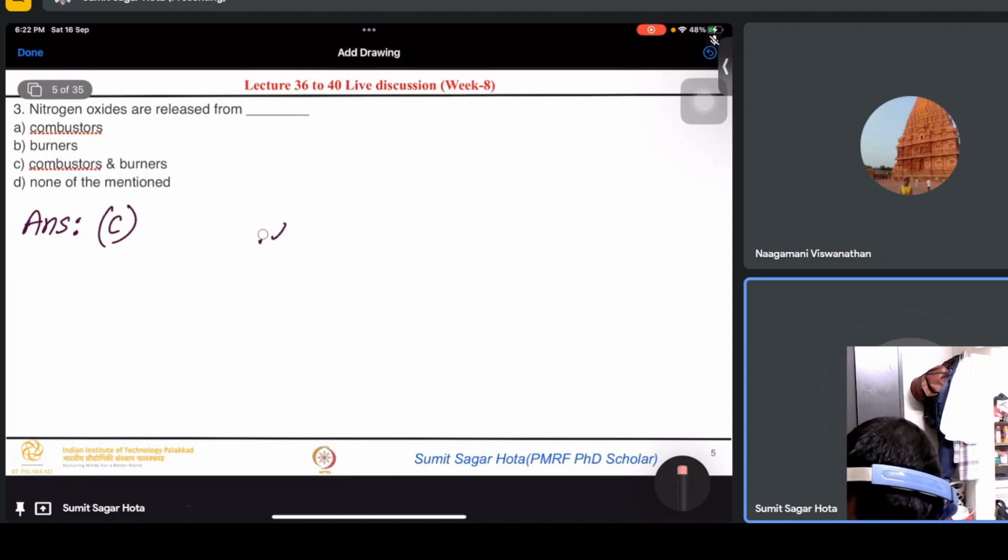But how do you represent nitrogen oxide? Most people always say NOx.